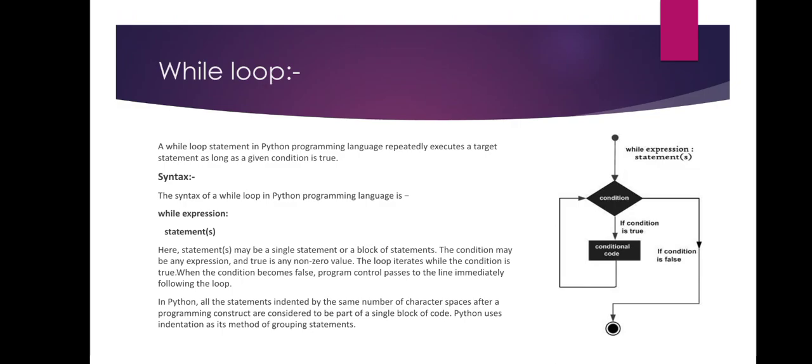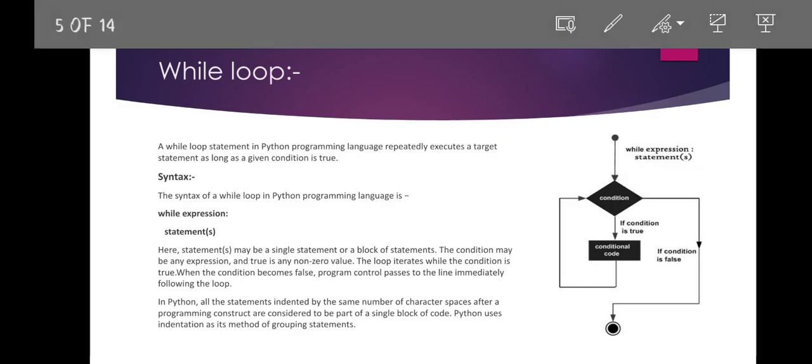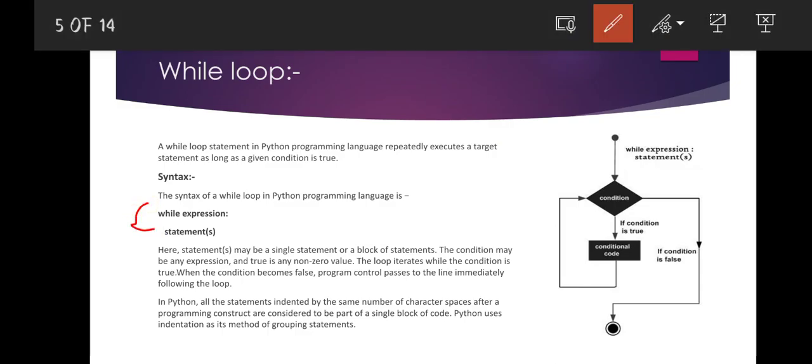The syntax for the while loop is: while expression, then the statements. Observe clearly that the statements are not in the line of while. We gave some space for writing statements, because it indicates that the statements are within the loop. That's why we give space.